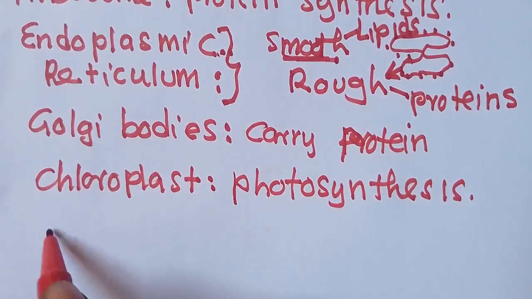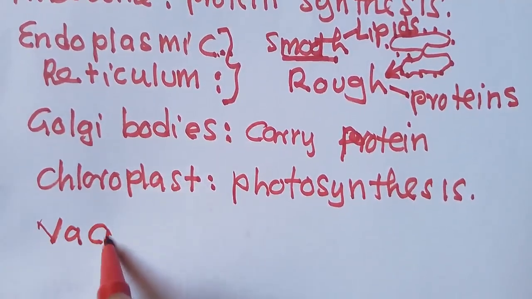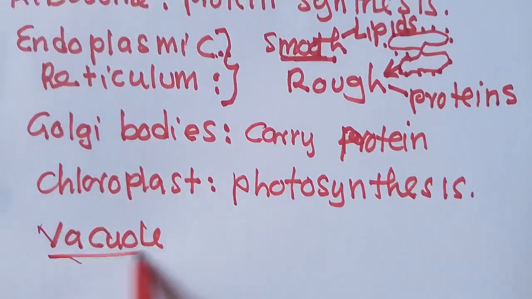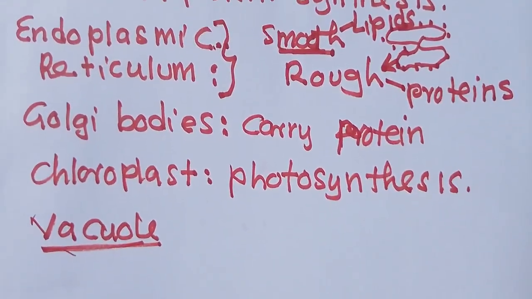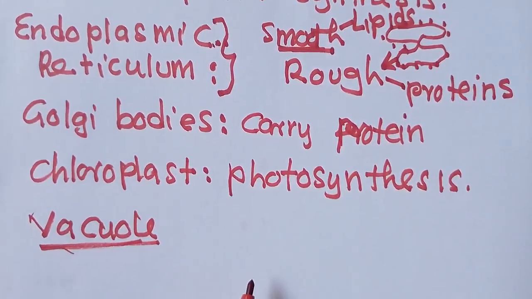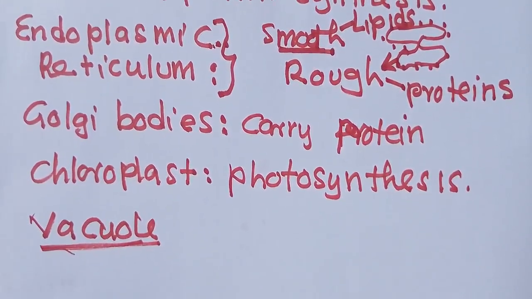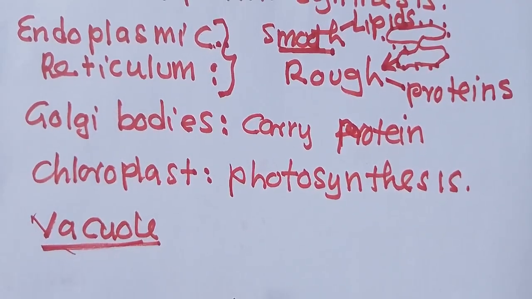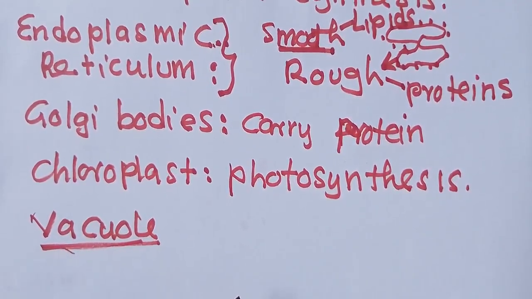There is also a structure called a vacuole. What is a vacuole? This is a fluid-filled space inside the cytoplasm of a plant cell.